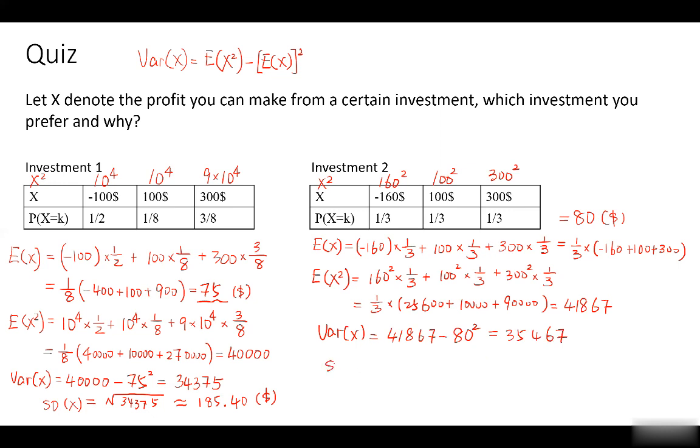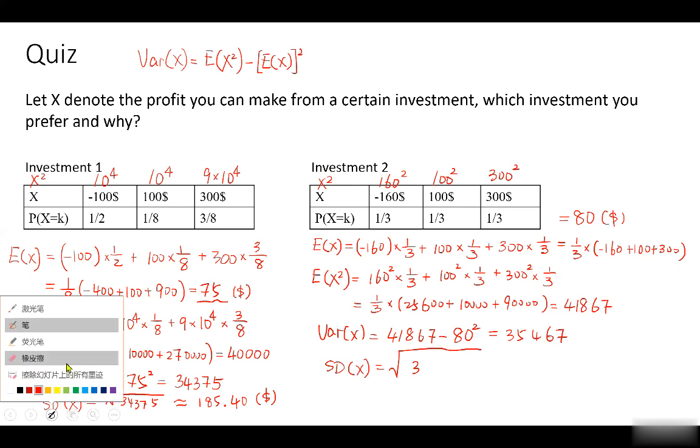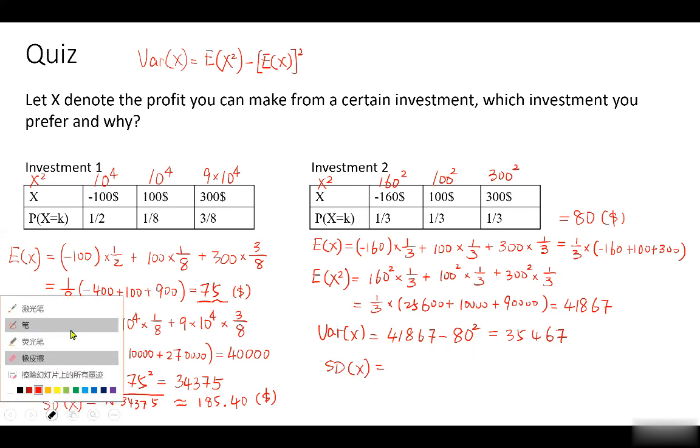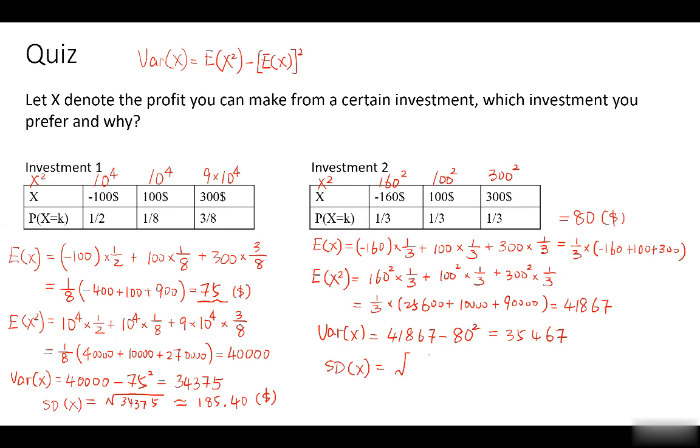Okay, so the standard deviation of X is the positive square root of 35467, which is approximately $188.33.